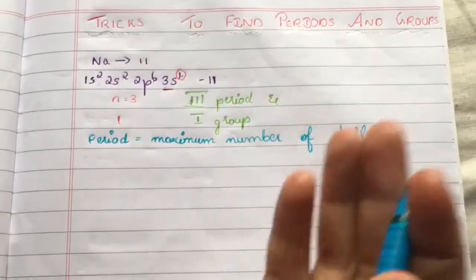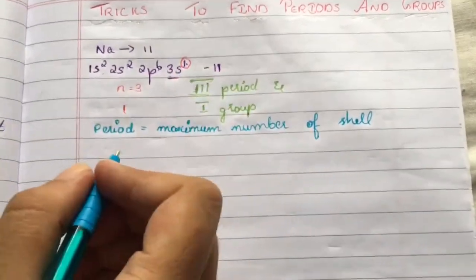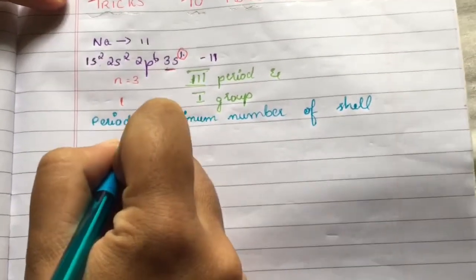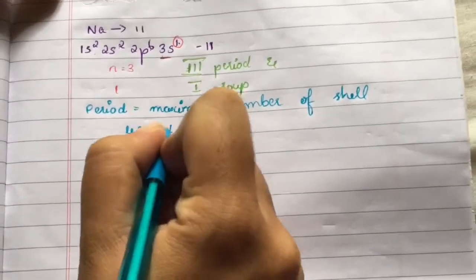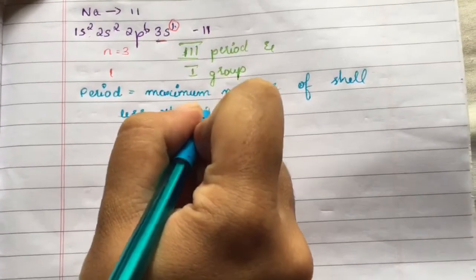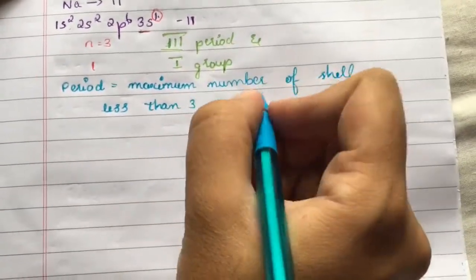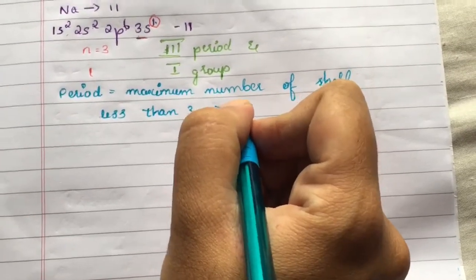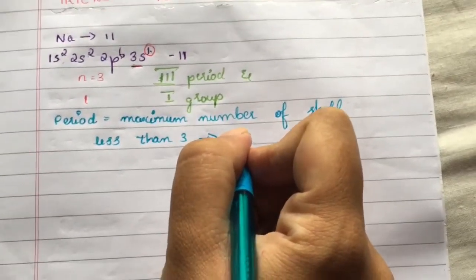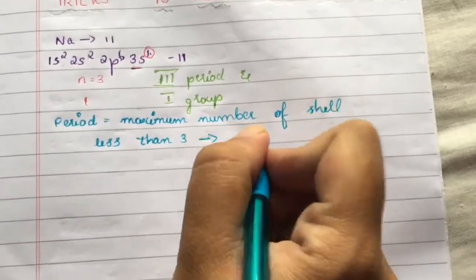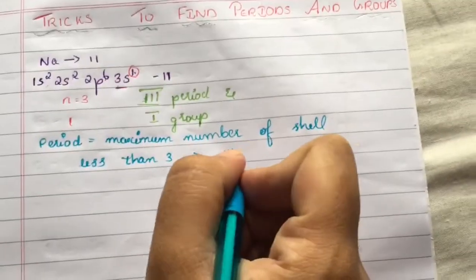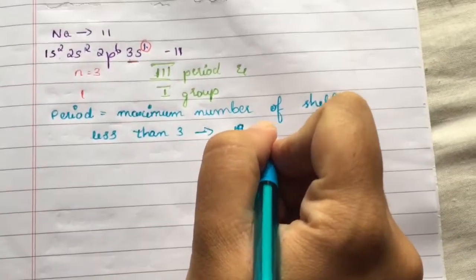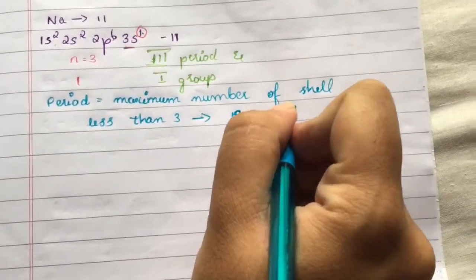We can determine the group by looking at the outermost electron. If the number of outermost electrons is less than 3, then that number determines the group: if it is 1, then first group; 2, second group; 3, third group.